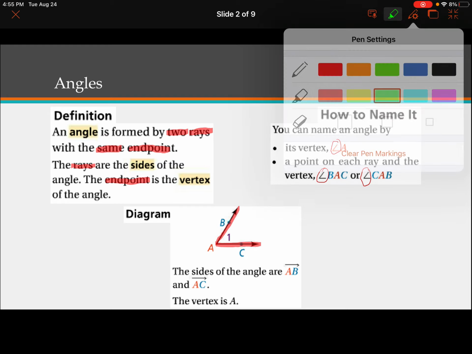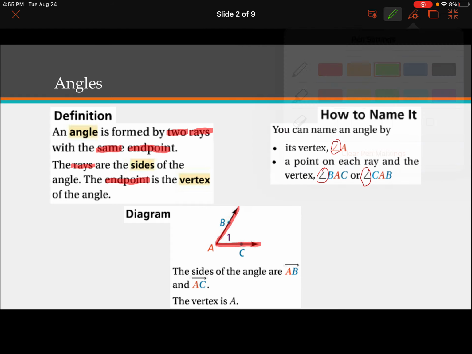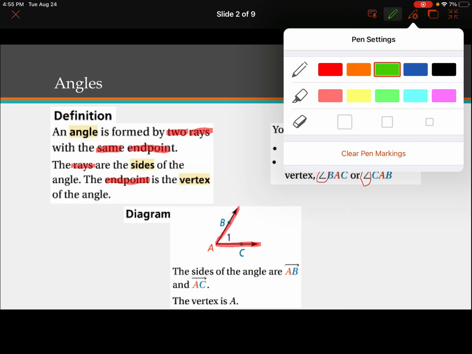When you read it out loud, it says angle A. It's almost a greater than, almost a less than symbol. Angle A.